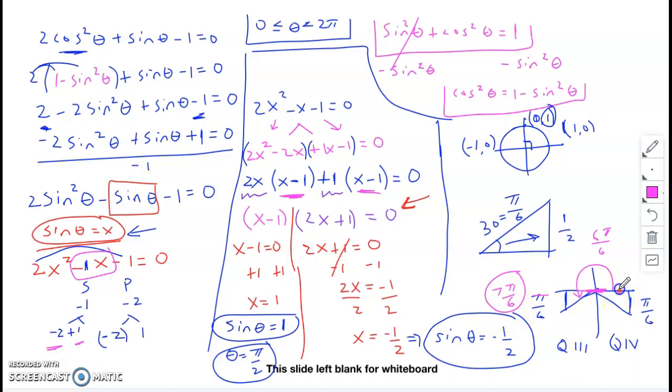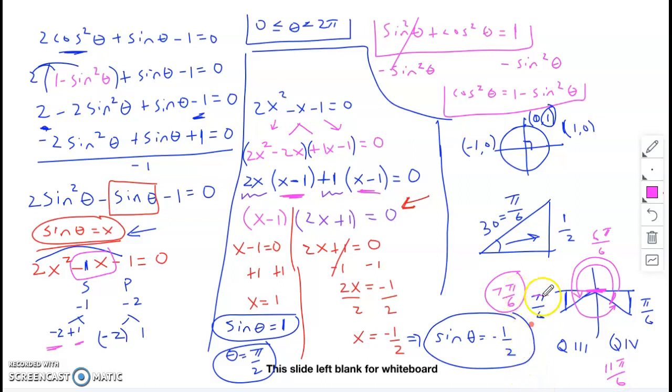Let's do the second one, all the way to here. If I have 6 pi over 6 on the top and 6 pi over 6 on the bottom, minus 1, so 6 and 6 is 12 minus 1, that angle is 11 pi over 6.